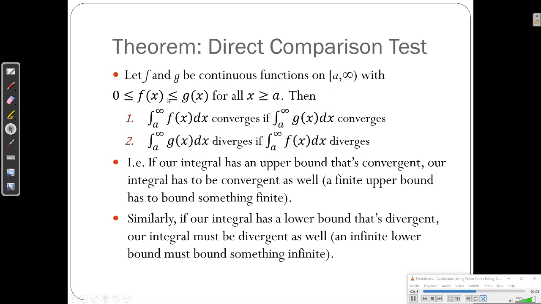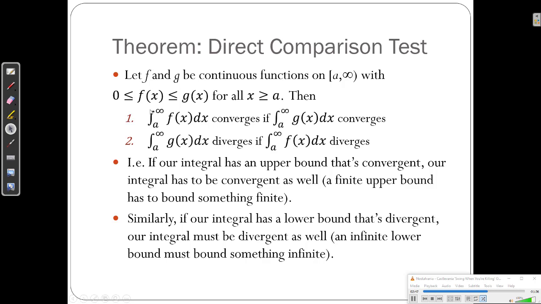If you think about this, the function g bounds f from above. So if g's integral is finite, that means f's integral has to be finite as well because it's bounded by g. We actually had a rule that if functions have this bound, their integrals have to have this bound as well. So if the integral of g is finite, the integral of f must be finite.